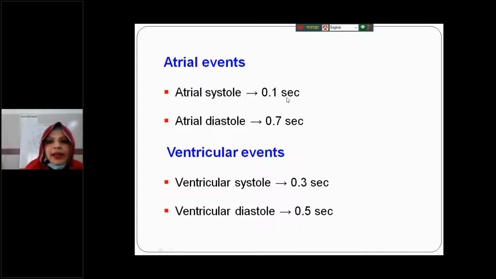So one cardiac cycle equals one systole plus one diastole. 0.1 plus 0.7 is 0.8 second, one cardiac cycle time. Ventricular systole 0.3 plus ventricular diastole 0.5 is also 0.8 second. I think everybody has understood atrial event and ventricular event.